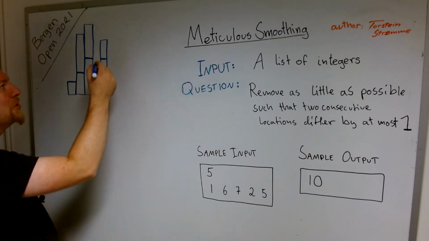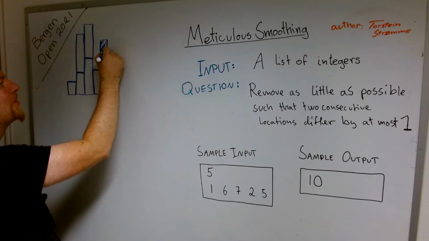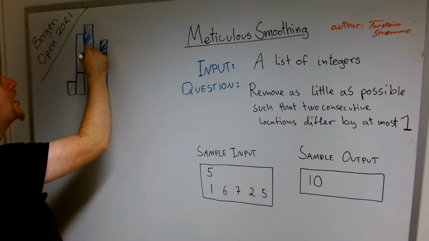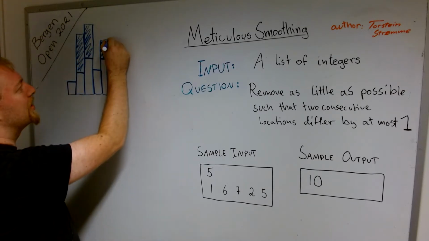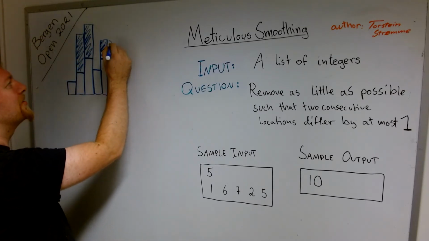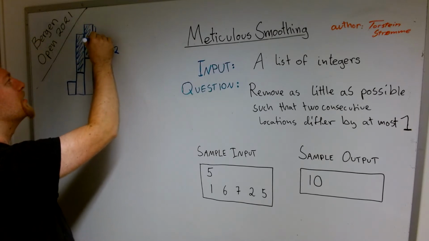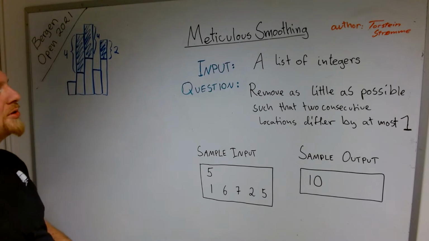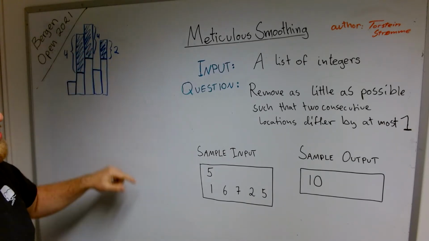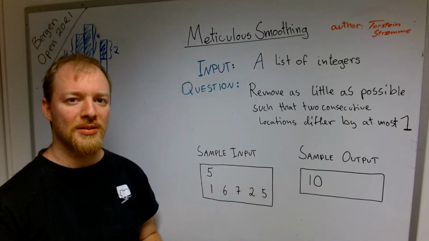So what I need to remove is this part. And here, the height that I need to remove is of height 2. Here it is height 4. And here it is height 4. The sum of these numbers, and we have the answer 10.